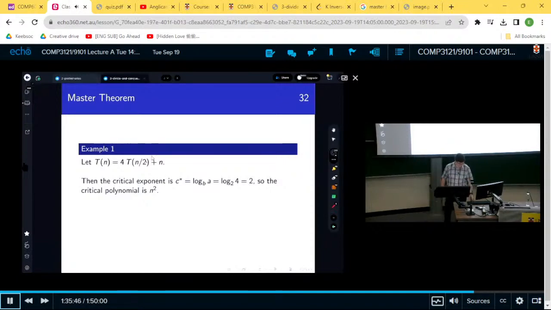This thing is negligible. So first of all, this f of n is order n to the power 2 minus some epsilon. So there exists a positive epsilon where the running time is this. You could take epsilon equals 1, or you could take it between 0 and 1, for example, 0.1.